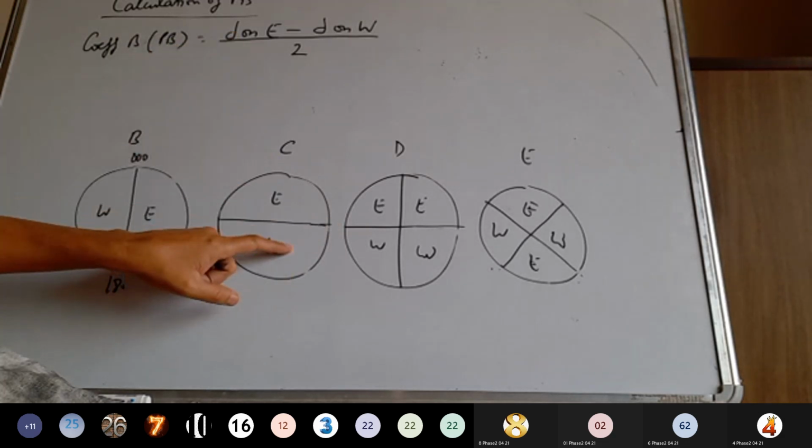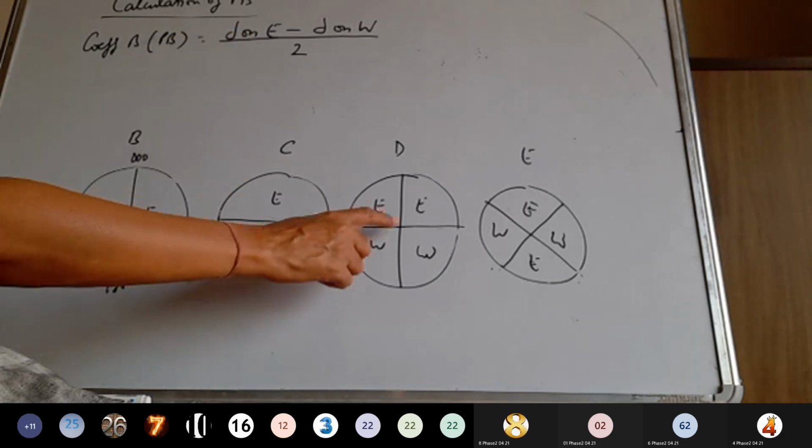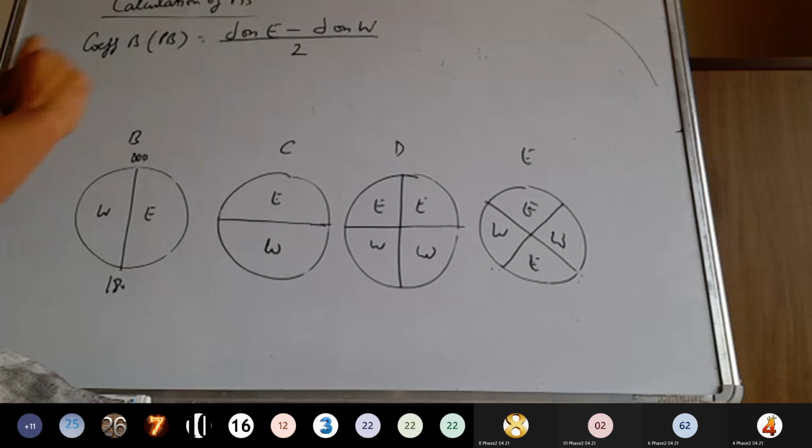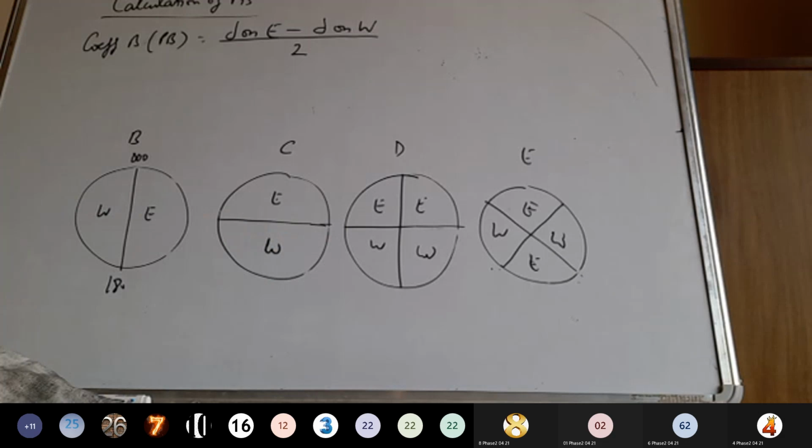That means coefficient C is not involved here. Does coefficient D have a component here? Yes, sir. How? On easterly and westerly heading, what is the deviation due to coefficient D? No, sir.